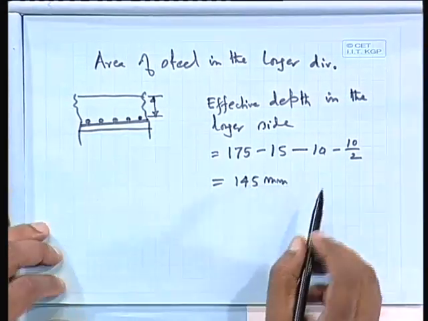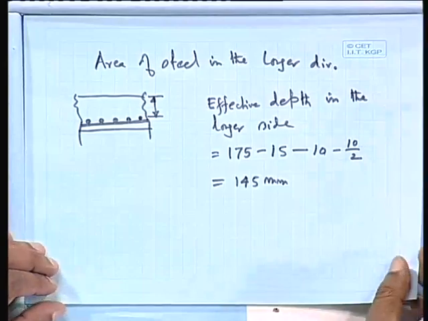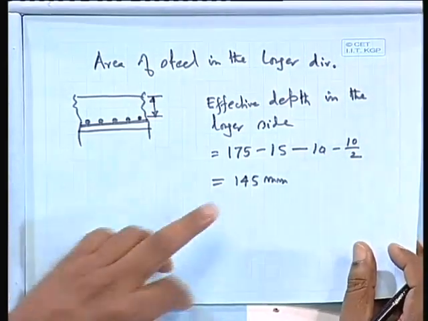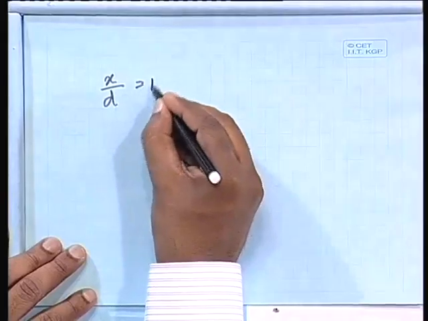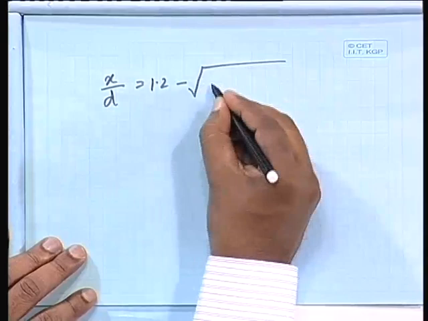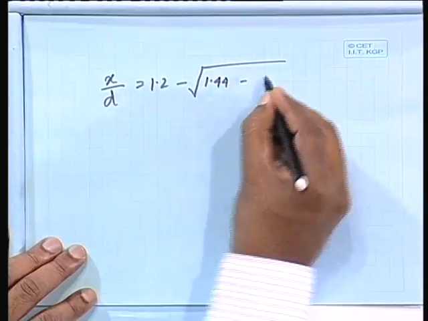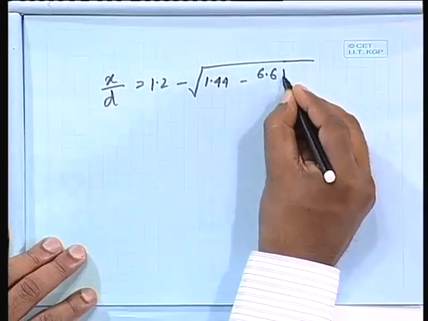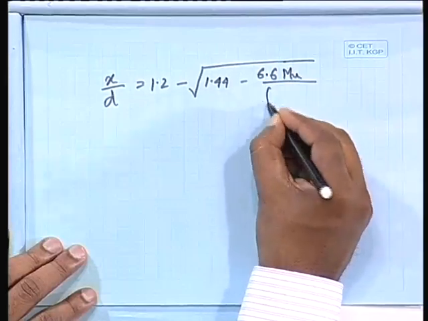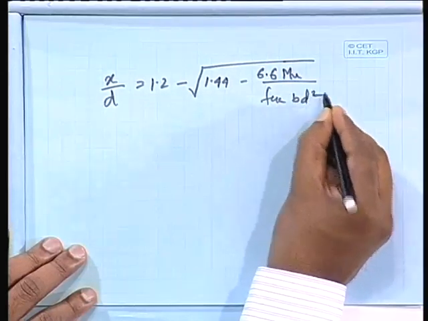Now again we can calculate x by d on the basis of this. What is the value of x by d? X by d equals 1.2 minus root over (1.44 minus 6.6 Mu by fck b d square).